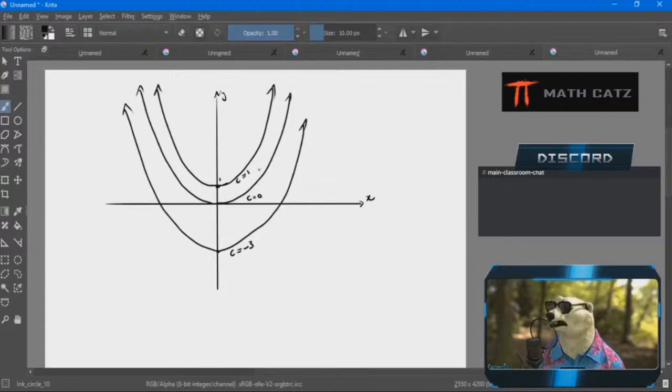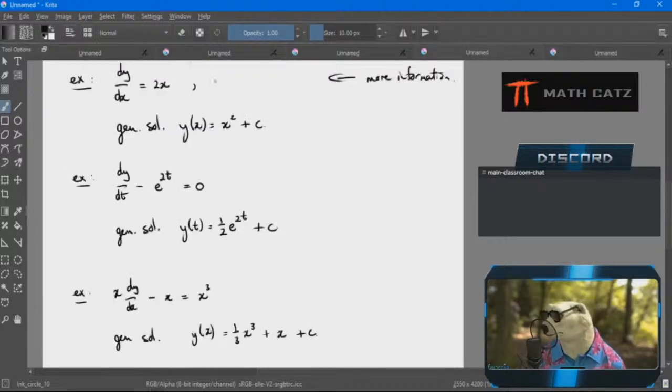What you have to give me in the question is just a point, any point on the graph that you want, and that will then tell me, okay, it's not this one, it's not this one, it's specifically this one graph, this one function. For example, they could tell me, well, y at 2 equals 4. Some extra information.